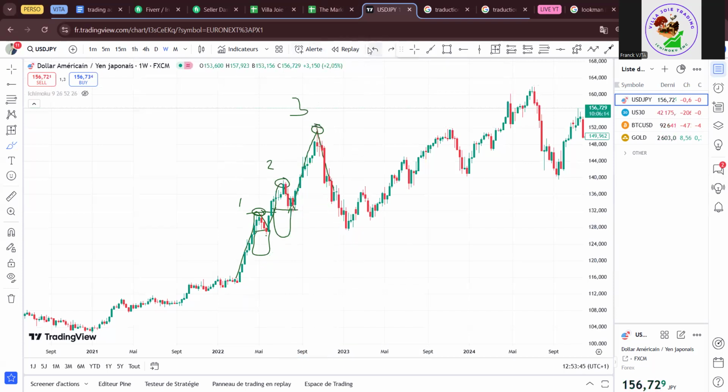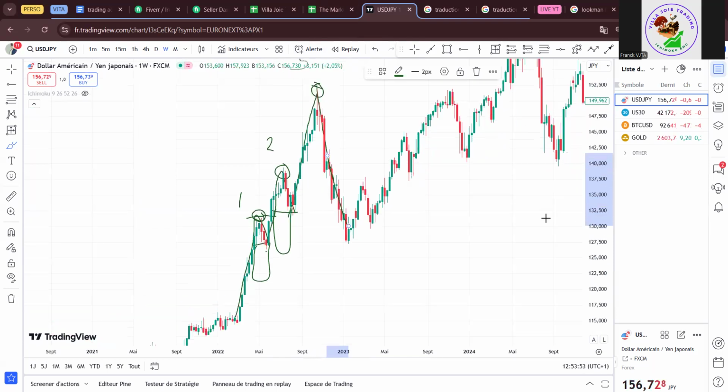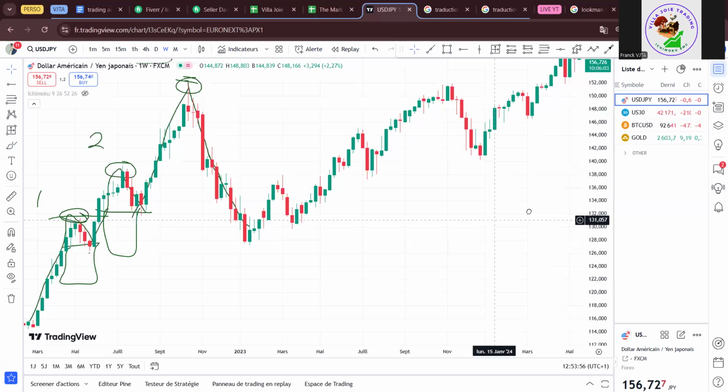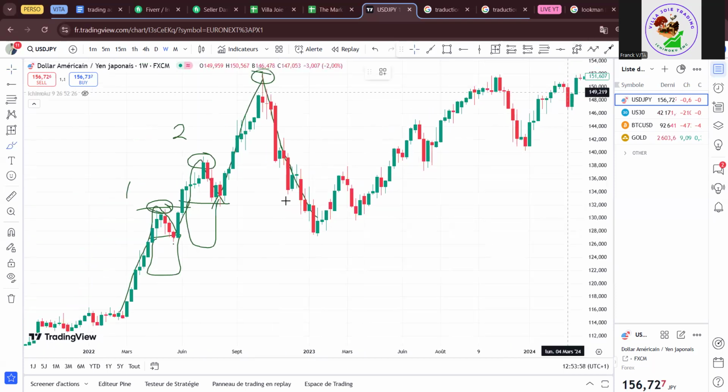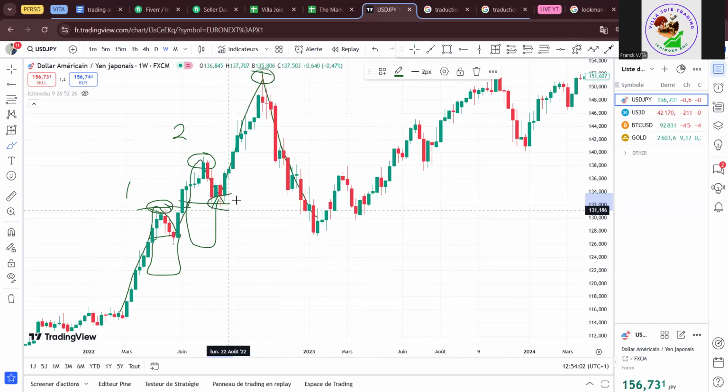So after that, we can also have the fact that after a certain time, you see that this market just went down like this. But if you realize, at this level we had a point where the third roof started exactly.